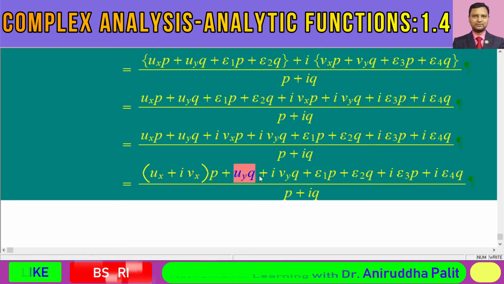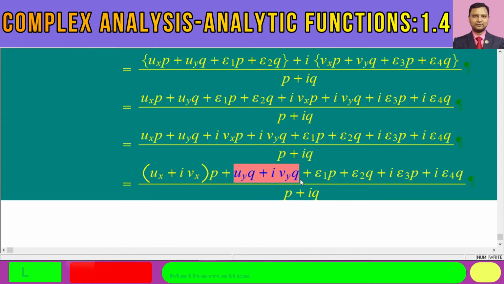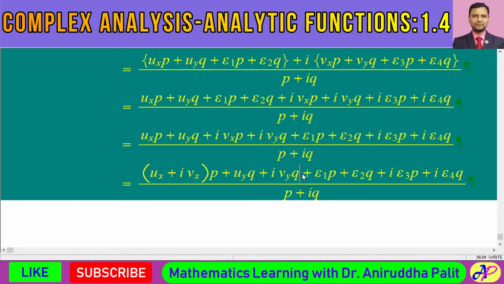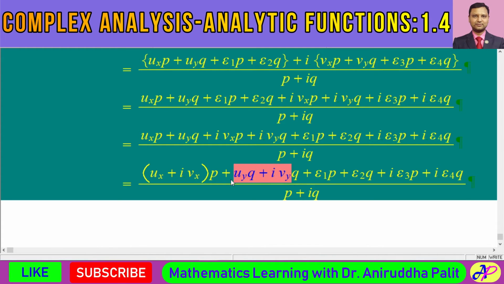And from these two expressions, I am taking this q as a common quantity.